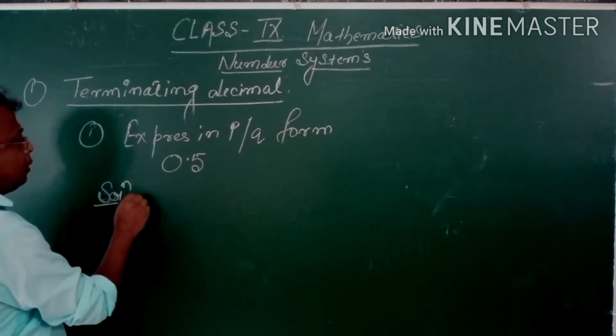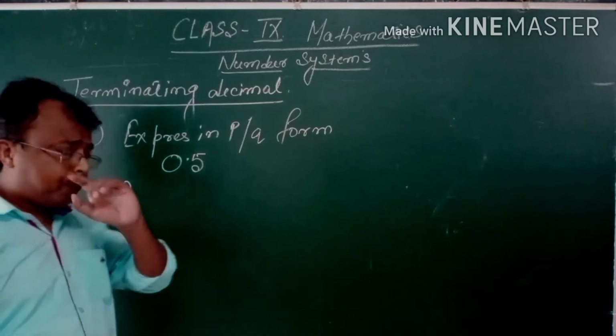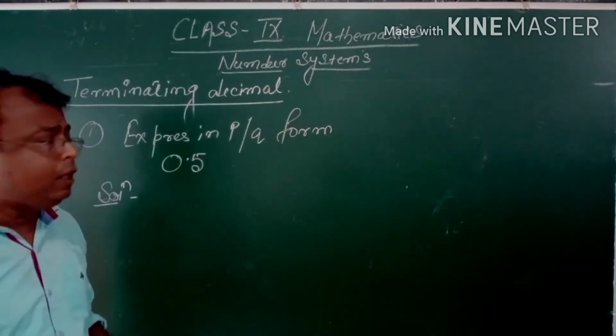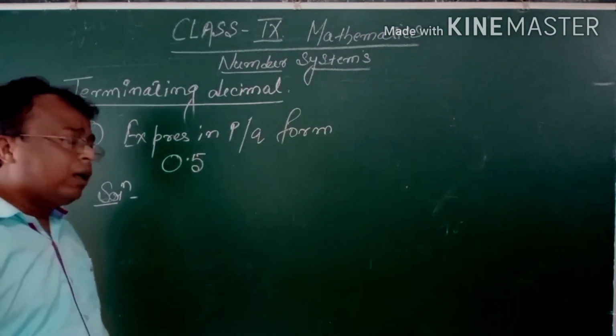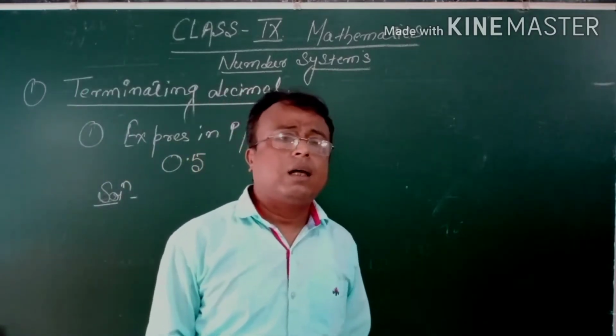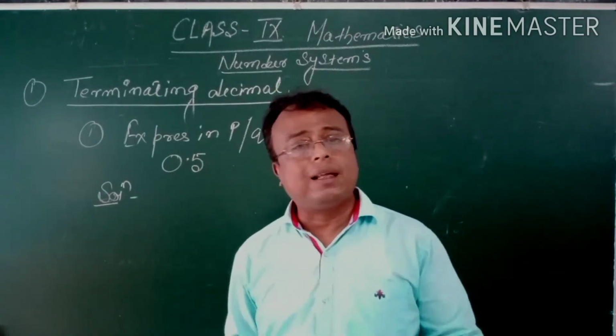Now you see, for converting a terminating decimal in p by q form, it is very easy. Only you have to see after the decimal how many digits are there. Okay, so in this case, only one digit is there, that is 5.